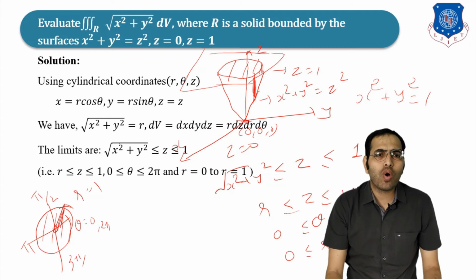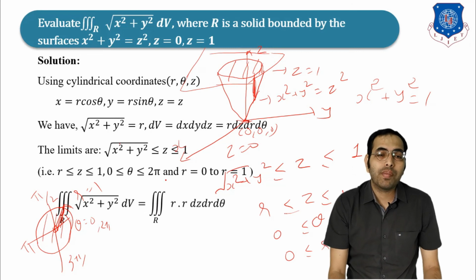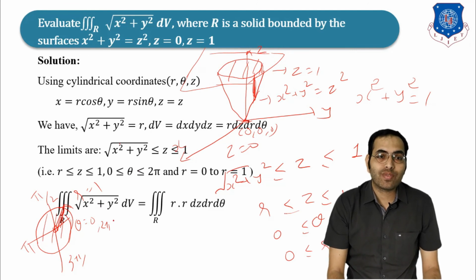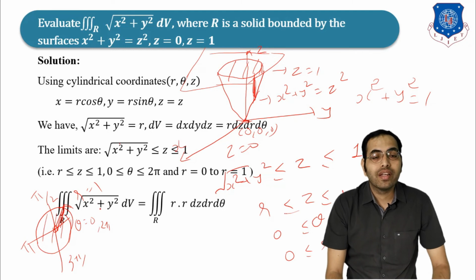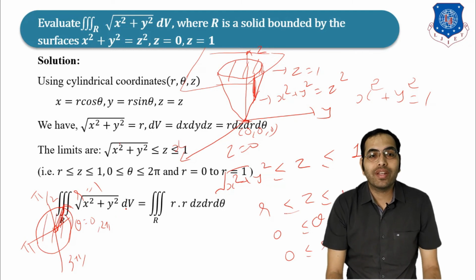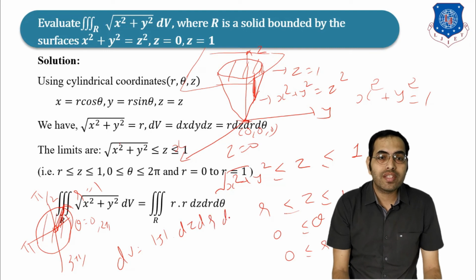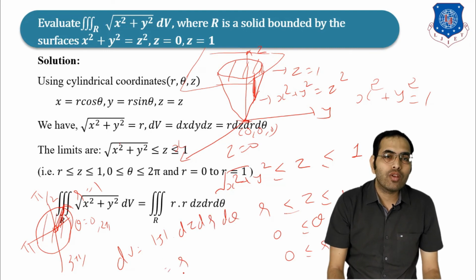Now substituting all the limits into our integral, the triple integral of square root of x square plus y square dv, we replace x square plus y square as r square, so the square root gives r, and dv is replaced by mod j dz dr d theta, where mod j is r.